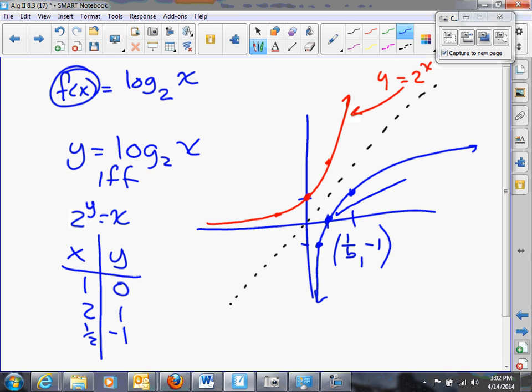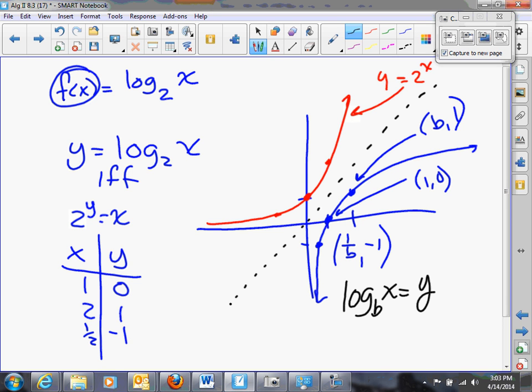Another of the points would be the point 1, 0, and the third one would be the point b, 1. And let's just take a look at that. If we have log base b of x equals y, let's take a look at 1 over b.